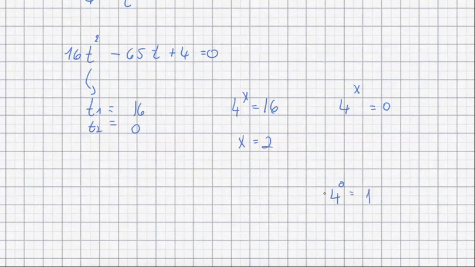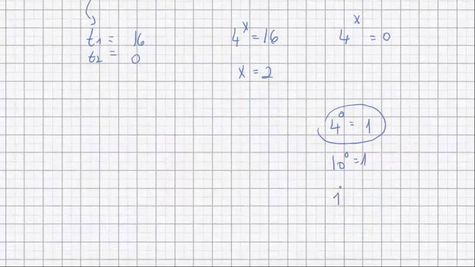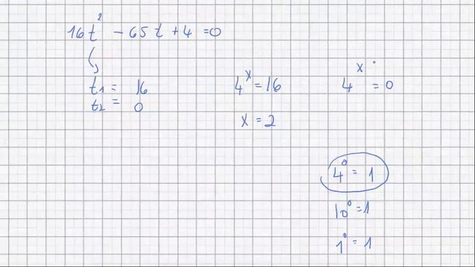Oh, right. 10 to the power of 0 is 1. 1 to the power of 0 is 1. Everything to the power of 0 is 1. Okay? So what do you do to get 0? It's tricky. Nothing can make it 0. Oh, maybe minus? No, nothing can make it 0.